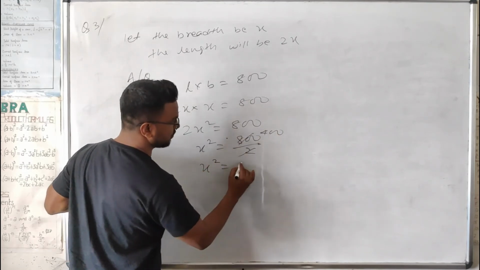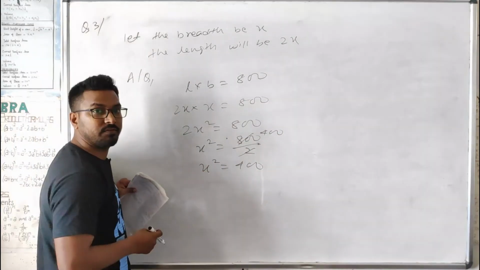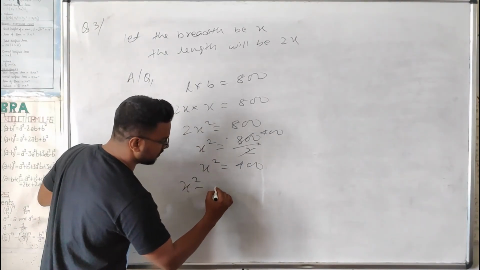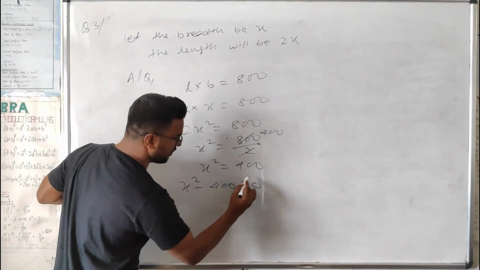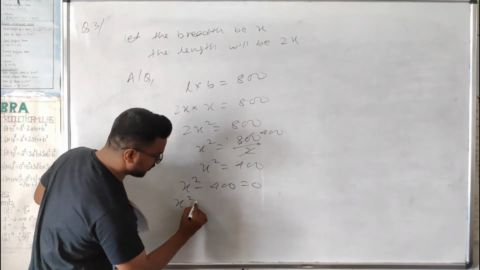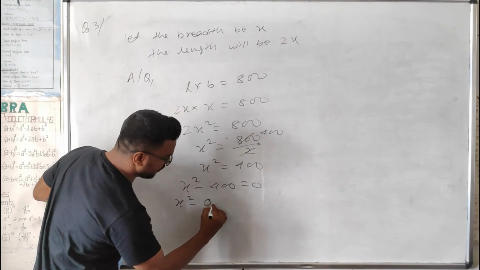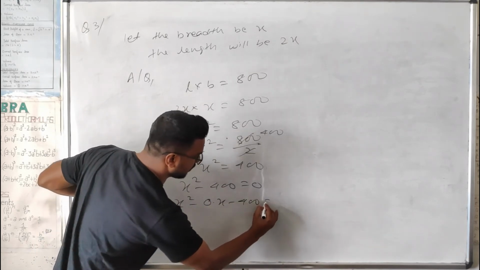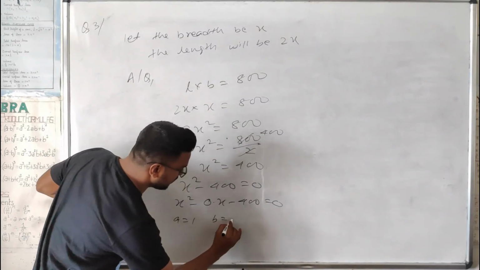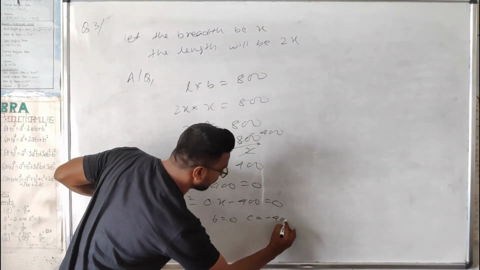So x square equals to 400. Fine. So if you bring it to the other side, you will get x square minus 400. Now this is a quadratic equation. This can be written as x square minus 0 into x minus 400 equals to 0. Okay, here a is 1, b is 0 and c is minus 400.